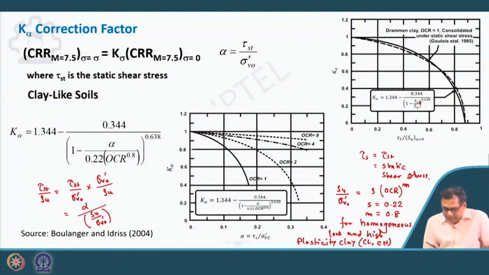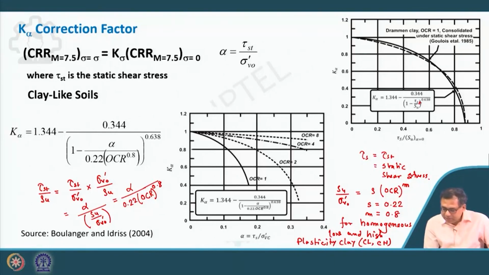So if this is the case, then I can write here alpha divided by Su is alpha divided by 0.22 OCR to the power 0.8. Okay, so this is the expression basically. This tau ST divided by Su has been replaced by alpha divided by 0.22 OCR to the power 0.8.